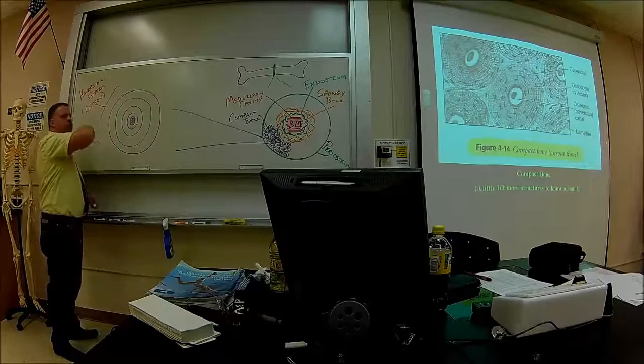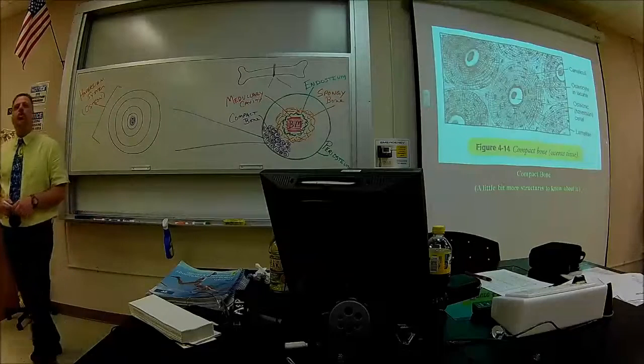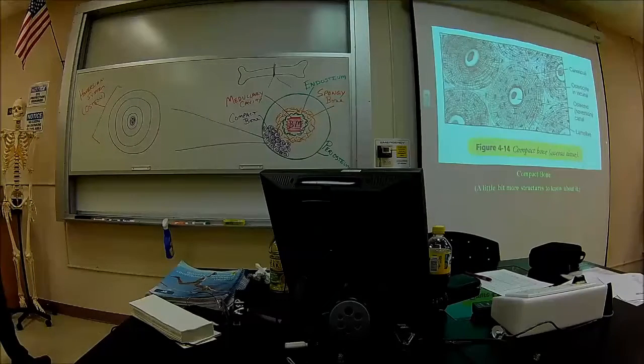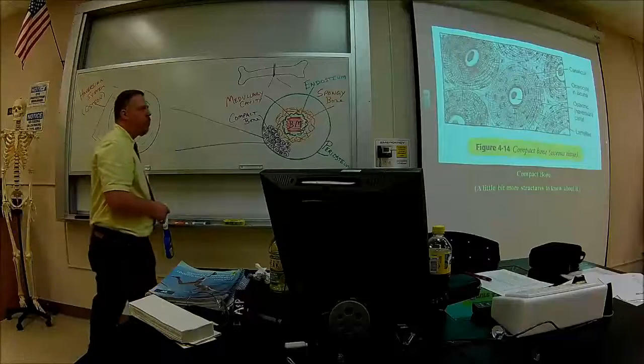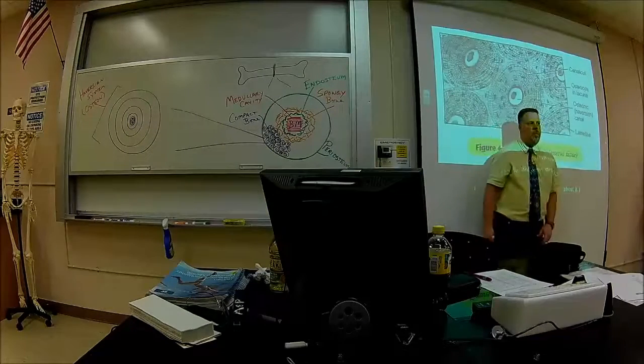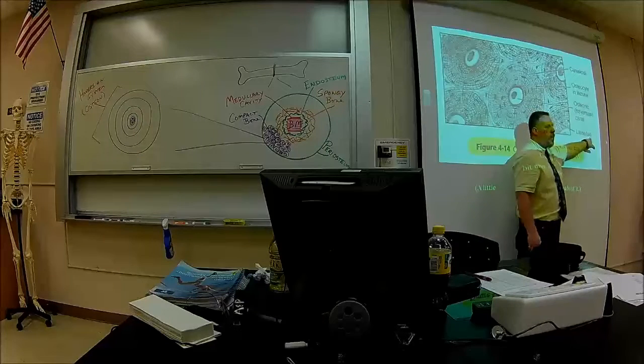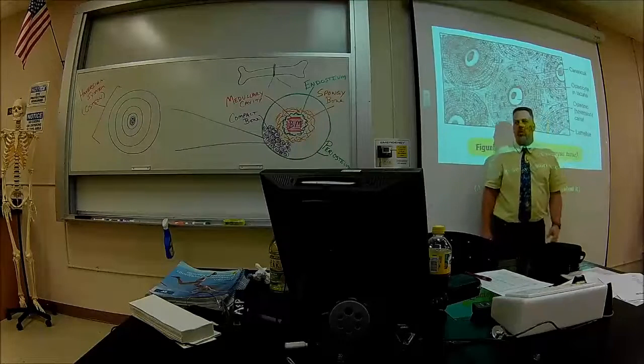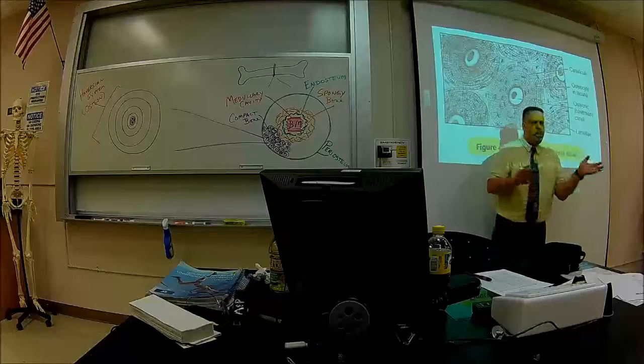These rings that you're seeing here, these concentric rings, are called lamellae. There, it's written there, lamellae. You also see lamella without the E. Adding an E makes it plural. All right, so either one is fine on the test.